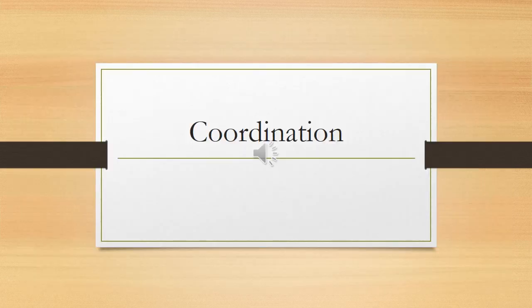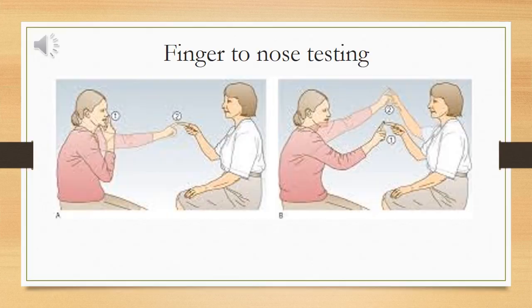Now we are going to talk about coordination or the cerebellar signs. The first part of the coordination examination is the finger to nose testing. As you can see, the examiner is on the right side. Ask the patient to touch the tip of his or her nose and then go back and touch the tip of your finger.